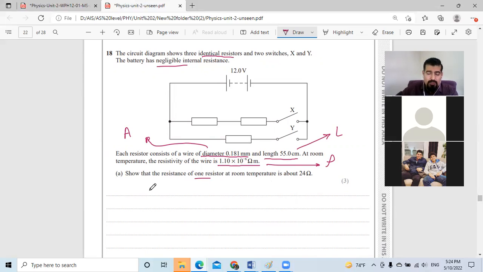We are going to use the formula resistance equals rho L over A, which is equal to rho, 1.1 times 10 to the power of -6, multiplied by the length, 0.55, I converted from centimeter to meter, divided by the area.